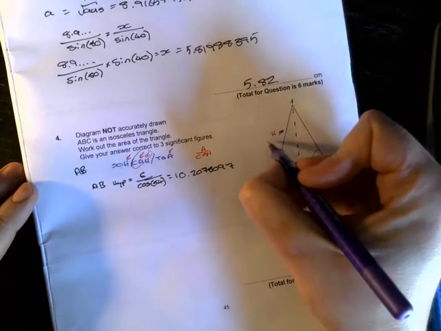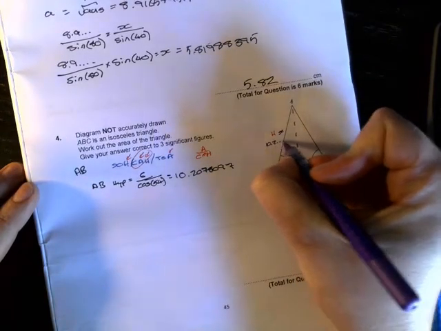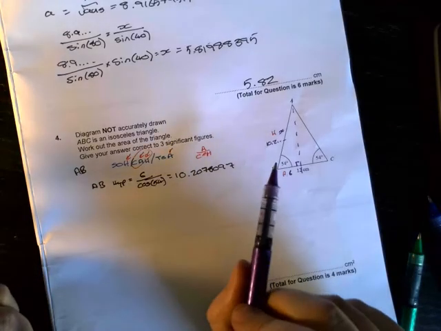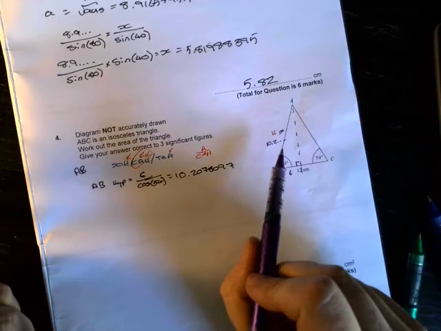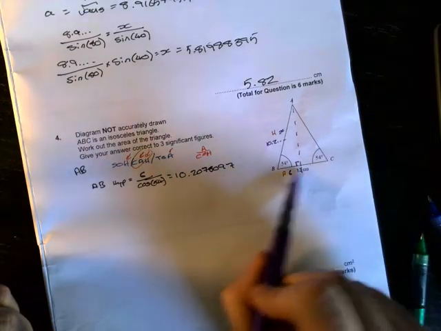Now that we know that this side here is 10.2 and a bit, we can now work out the area of our triangle, because to use the area formula we need a SAS triangle, side, angle, side, and this time we're going to be using the whole 12 centimeters.